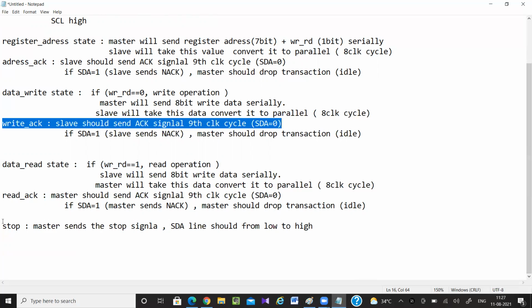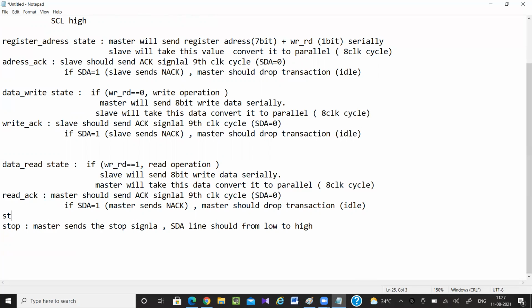Or, before the stop state, you can take one extra stop state where you make sure your SDA line is equal to 0. When the master makes it 1, the slave will know that this is the stop, so it should go to stop and then go to idle state.